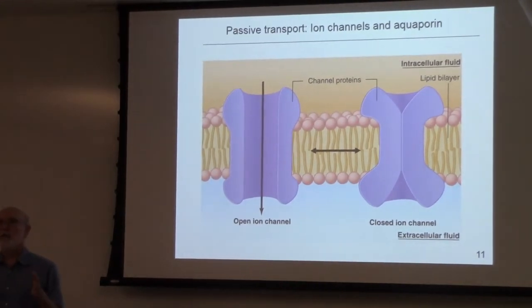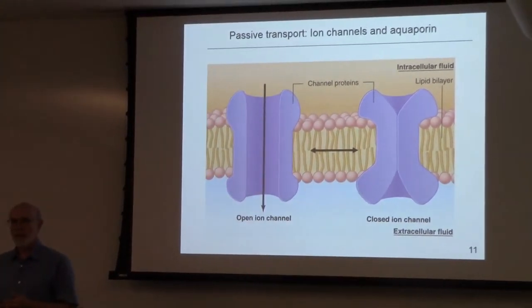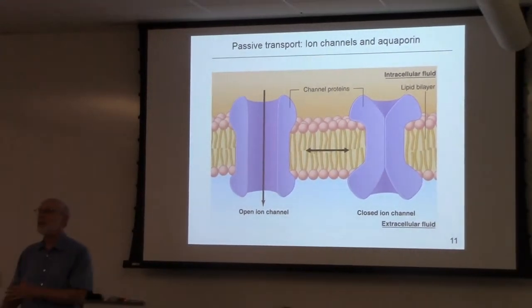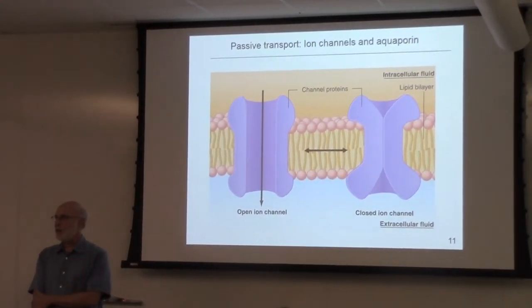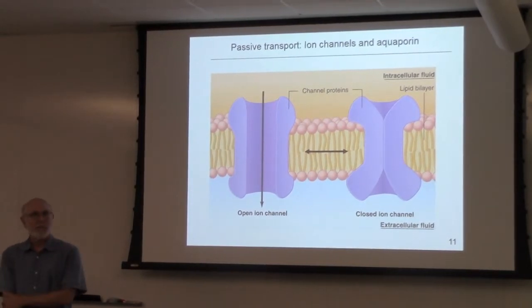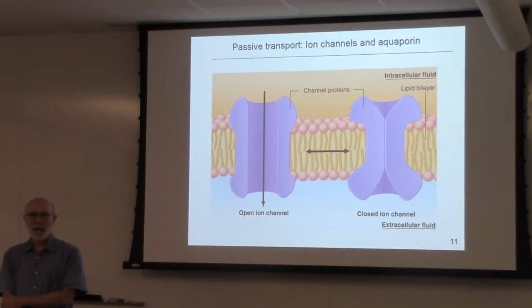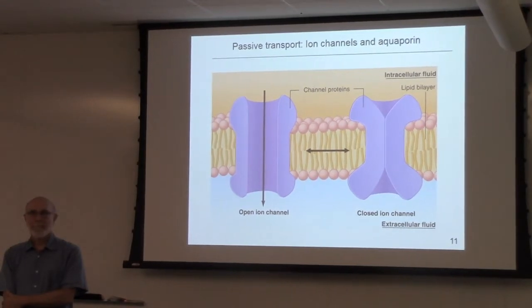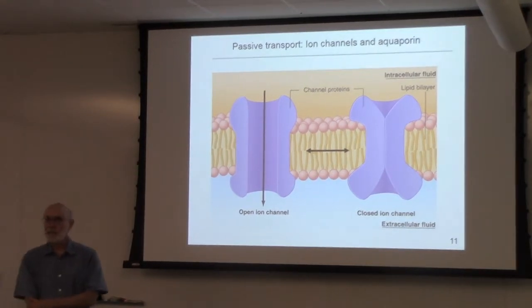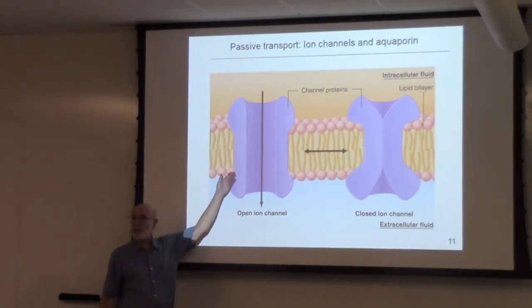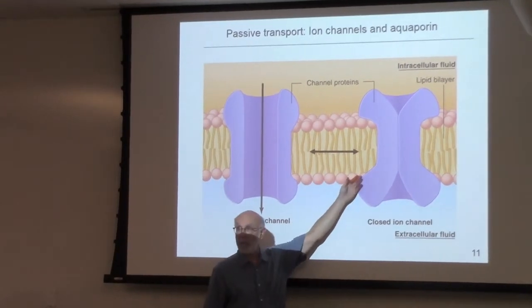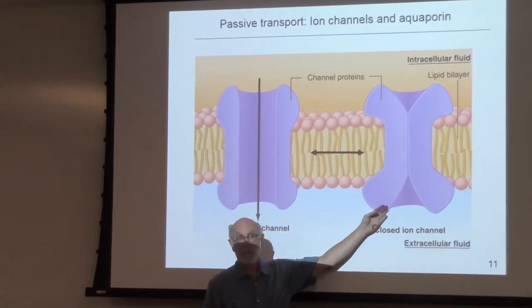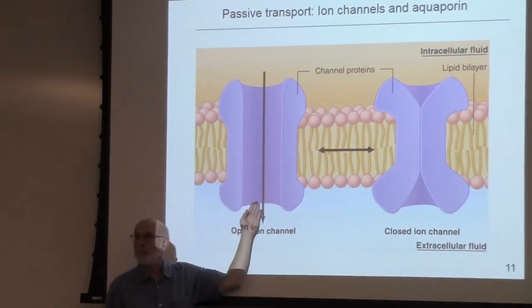Hopefully the words voltage-gated sodium channels and voltage-gated calcium channels and ligand-gated non-selective cation channels are triggering some memories from Cell Physiology or from A&P I. Ion channels are transmembrane proteins that undergo conformational changes between a closed state and an open state.